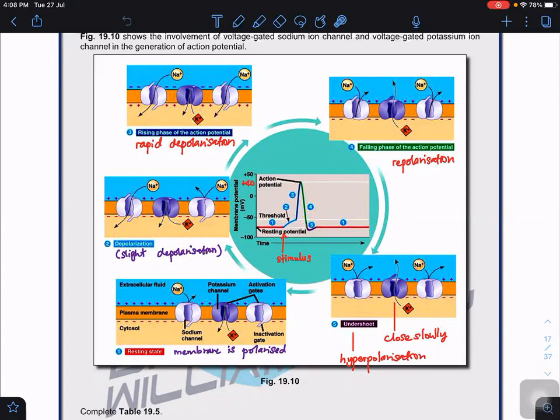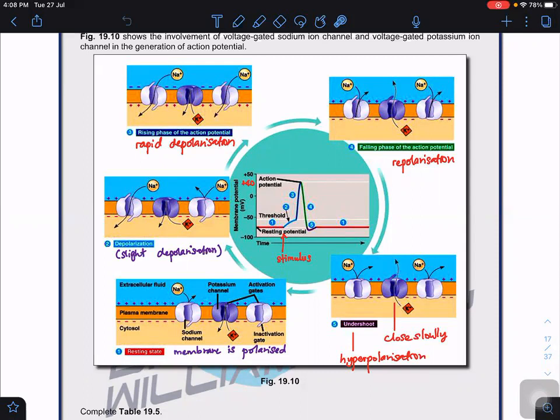At negative 65, the voltage gated potassium ion channels should close, but they close slowly. When they close slowly, extra potassium ions move out from the cells into the tissue fluid.